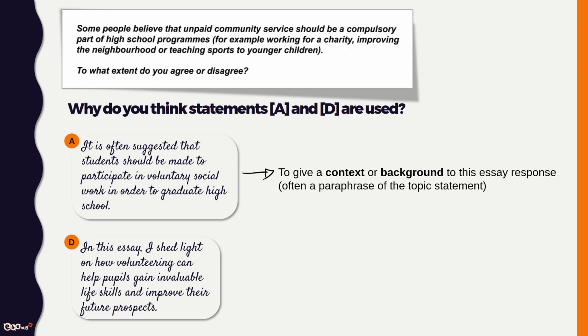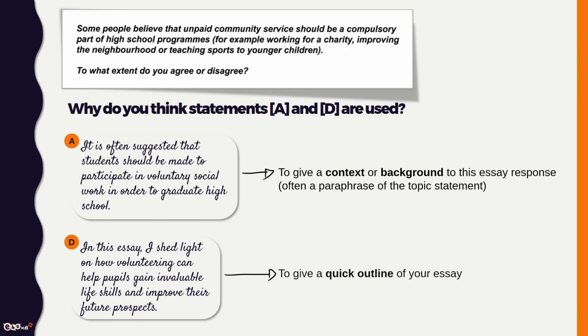Yeah. And let's talk about statement D. In this essay, I shed light on how volunteering can help pupils gain invaluable life skills and improve their future prospects. Now, this gives a quick outline of your essay. So, 1, it gives a context or the background to your essay, paraphrasing the topic statement of the question.